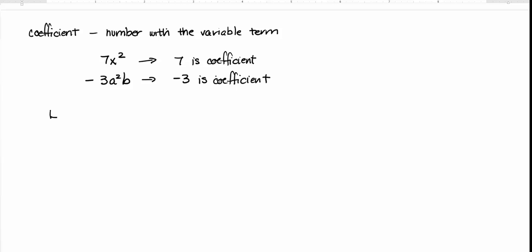So let's just kind of go through a couple examples here. If I'm given this expression, 4xy minus 9x squared plus 15, how many terms do we see? We should be able to spot how many terms.